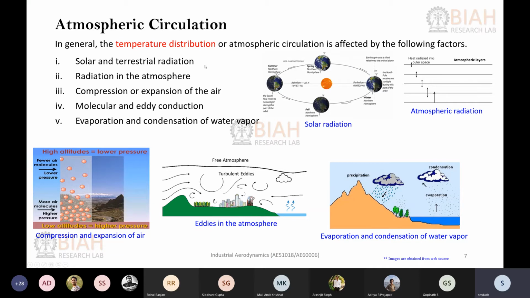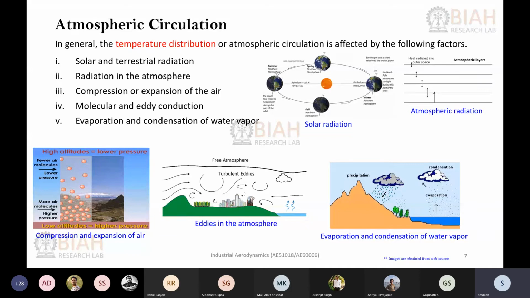Okay, so the amount of solar energy that a particular region of the Earth receives varies. Then there is also radiation in the atmosphere. You have seen that as we move higher, the atmospheric layers change, right?